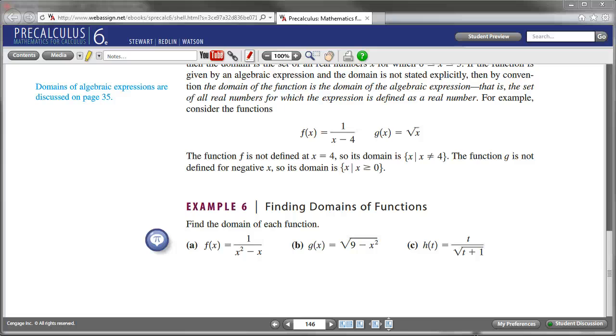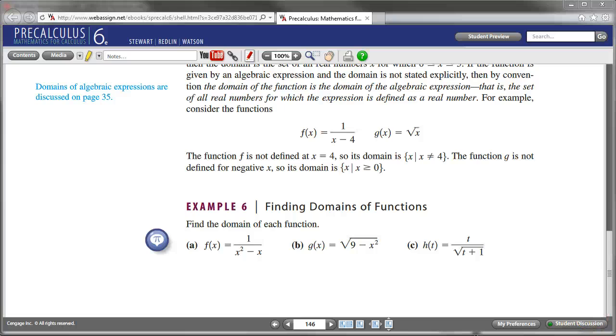So the denominator, x minus 4, cannot be 0. So what do we have? We have to exclude x equal to 4. So all x is okay except for x equal to 4. So that's my domain. And if you look at g of x, which is the square root of x, the inside of the square root is always non-negative. So x has to be greater than or equal to 0. 0 is okay, the square root of 0 is 0, so that's okay. But the square root of, say, negative 0.00001, still no.